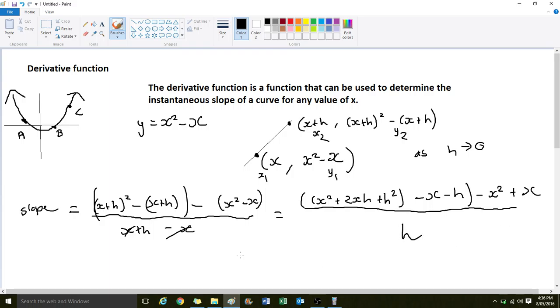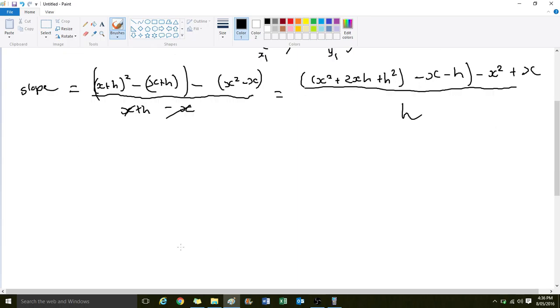So let's expand this out now. What do we have? We're going to collect our common factors. We've got x squared, and we're taking away x squared, so both of those can cancel.